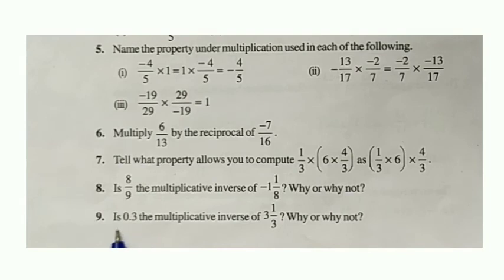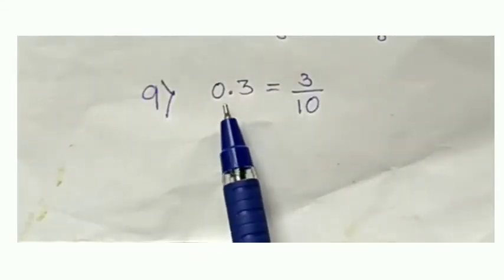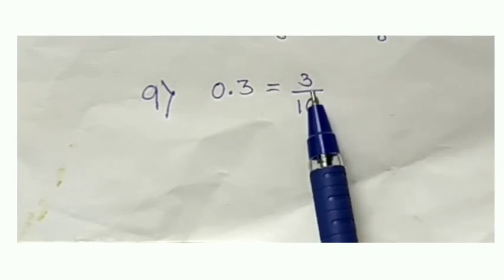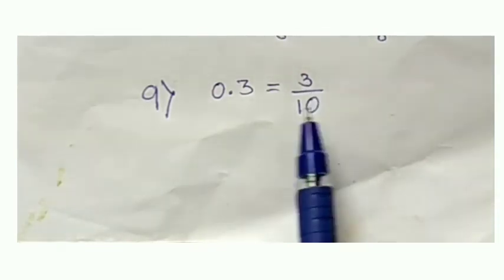Next, ninth question, is 0.3 the multiplicative inverse of 3 integer 1 by 3? Why or why not? So let's see. First you have to convert 0.3 into a fraction. So we get 0.3 equal to 3 by 10, written in the form of a fraction or p by q. Now how do we get the multiplicative inverse?